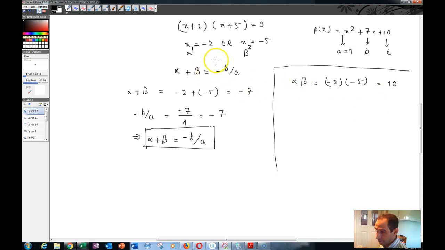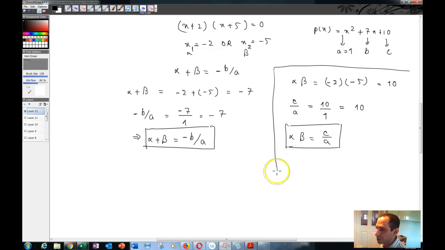And c by a in this polynomial is equal to 10 divided by 1, which is equal to 10. So you see that alpha beta is actually equal to c by a. And that's basically the two relationships that we have regarding the roots and the coefficients, verified.